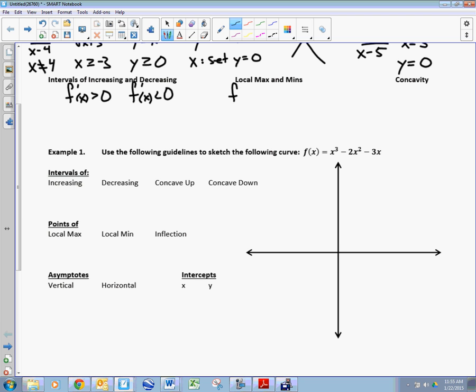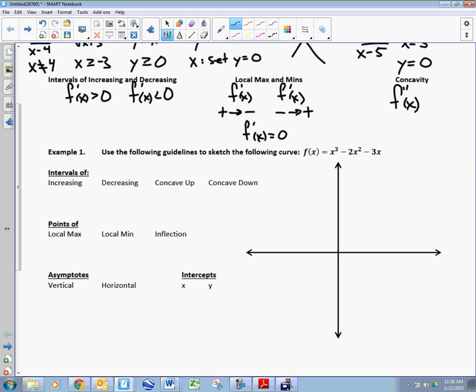A local max, as Megan just says, is where f prime of x goes from positive to negative, and a local min is where f prime of x goes from negative to positive, and it's also equal to 0. Concavity, what do we use to check concavity? F double prime. And you get the idea. We don't have to write them all down. We'll save some time. We'll go over this example right here.